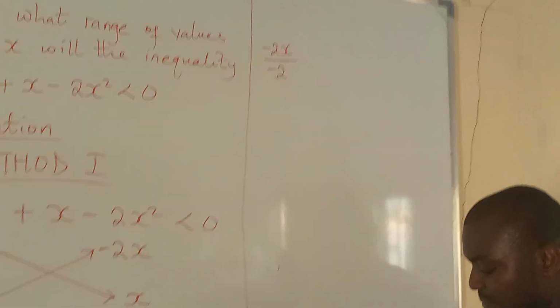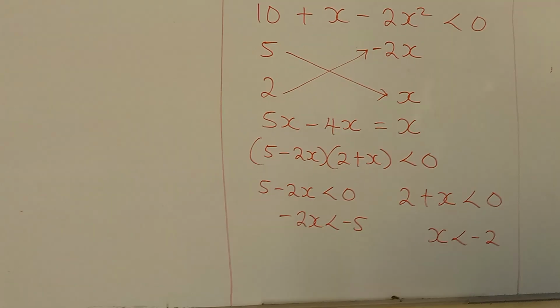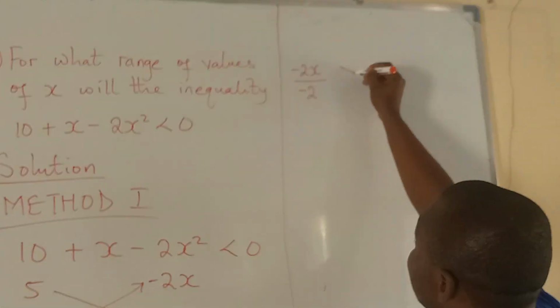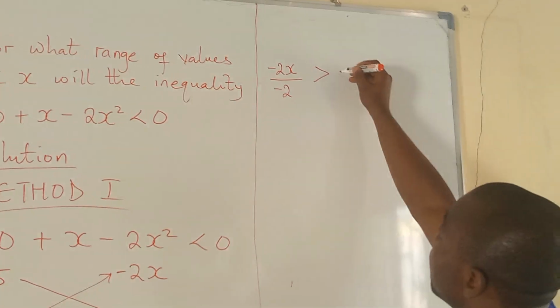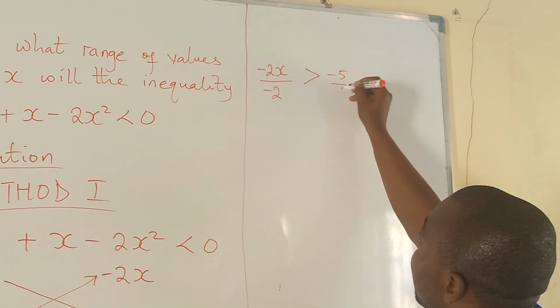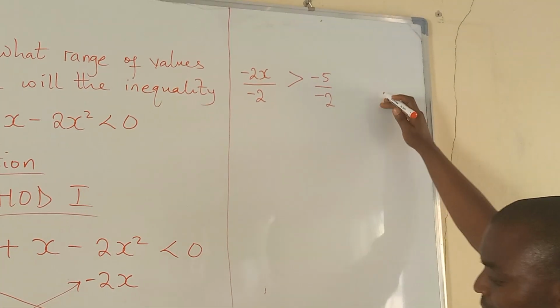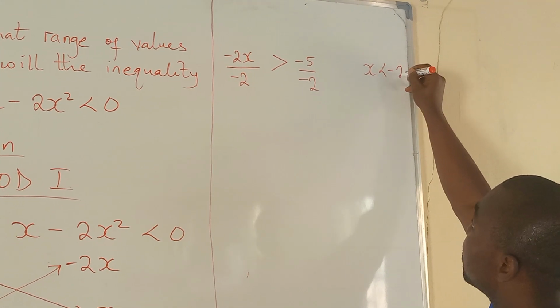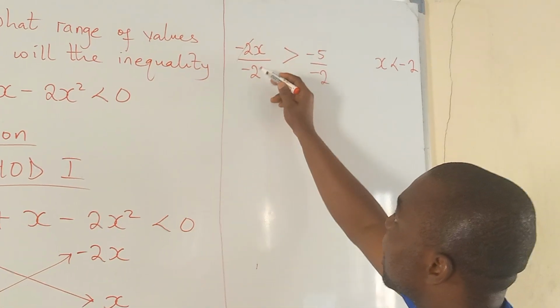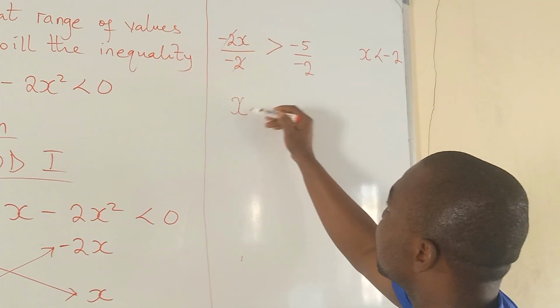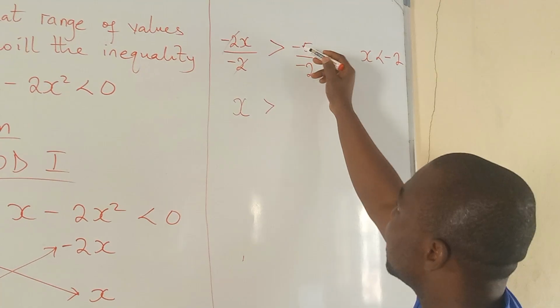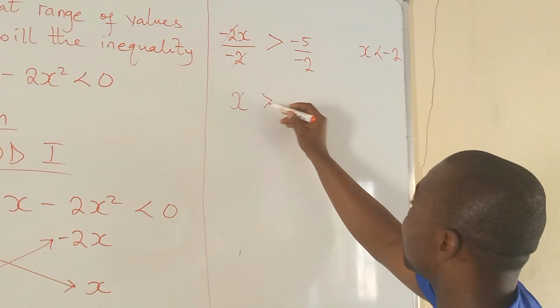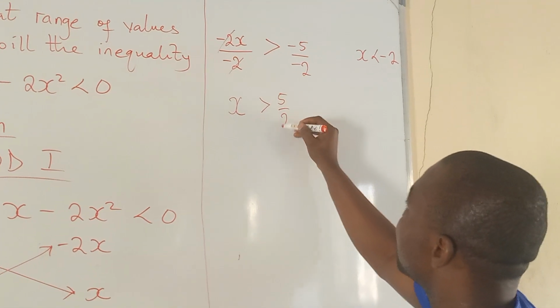Anytime you divide by a negative number or multiply by a negative number, the inequality sign will change. So this now gives us 5 over minus 2. This one is already x is less than minus 2. So this minus 2 will cancel this and you are left with x is greater than, negative divided by negative is positive, so x is greater than 5 over 2.